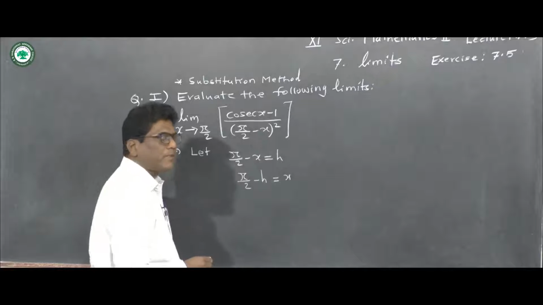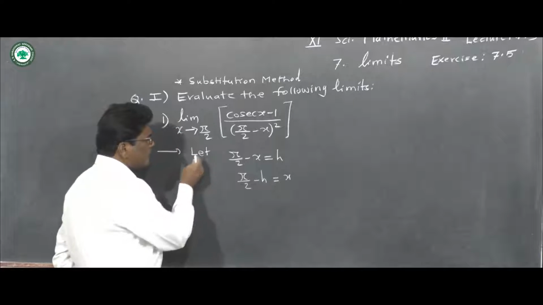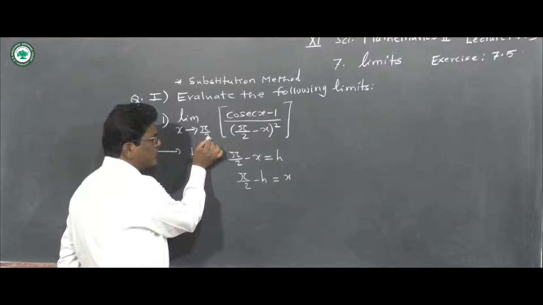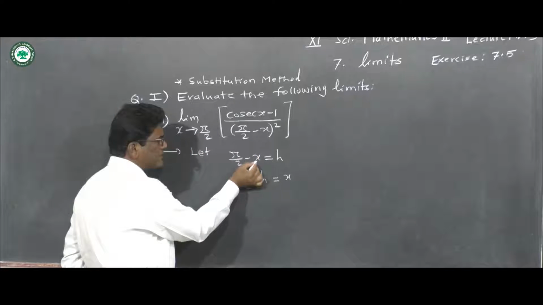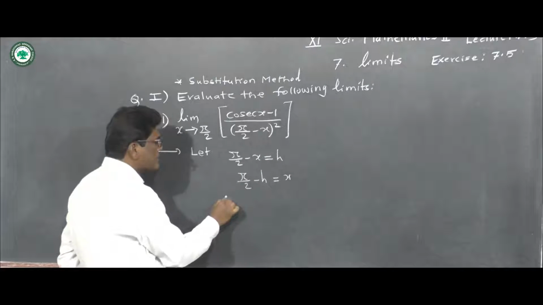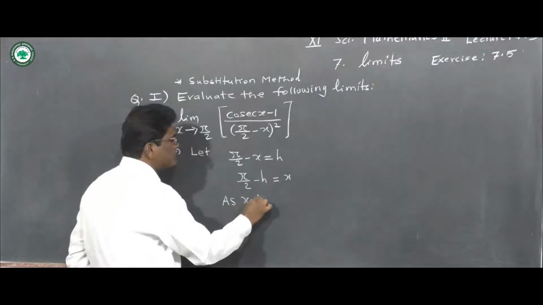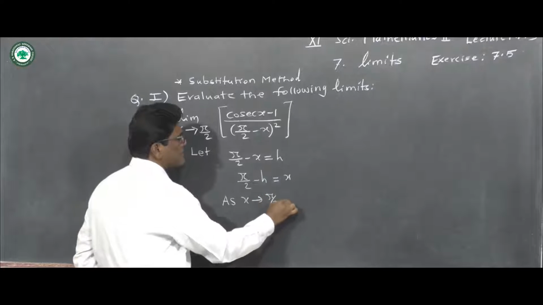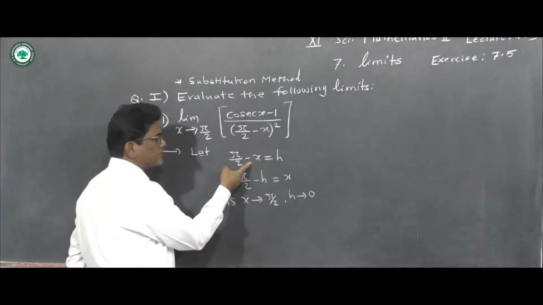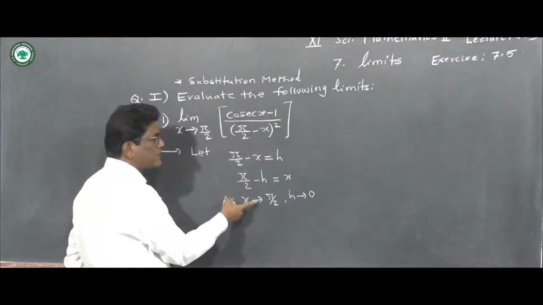From this we find the value of x. Now since we have given limit as x tends to pi by 2, if we put x as pi by 2 in this equation, we get the value of h as 0. So as x tends to pi by 2, h tends to 0. We have to change the limit after the substitution.